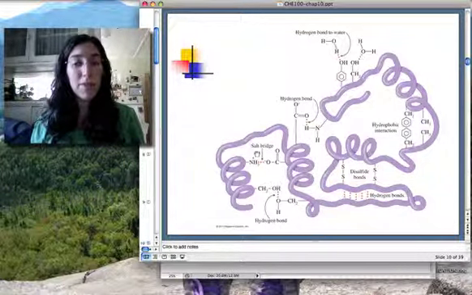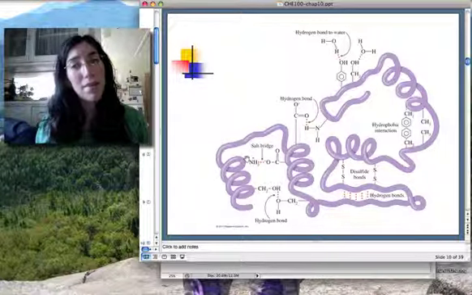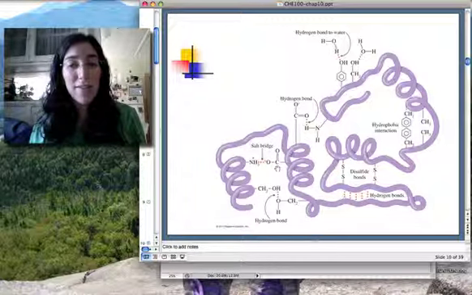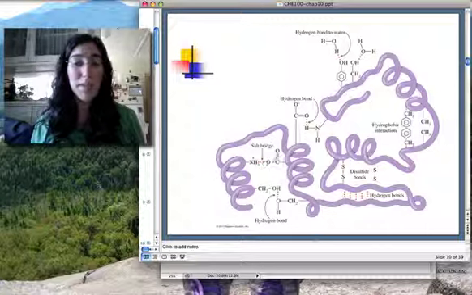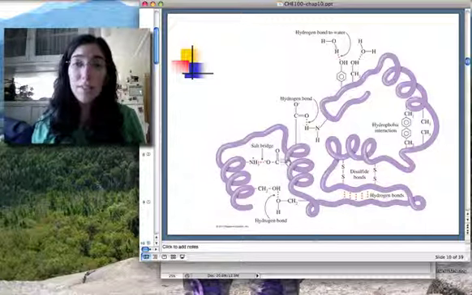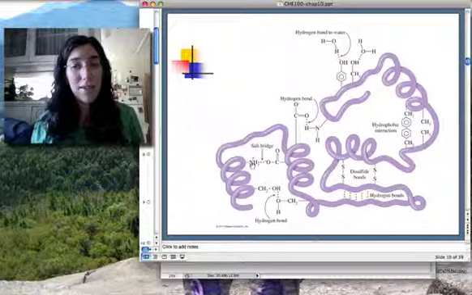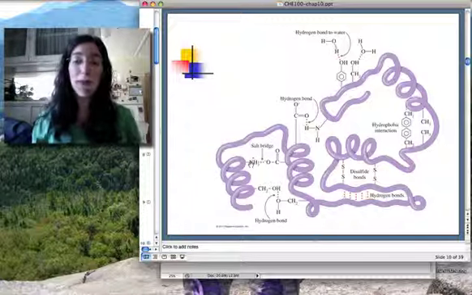We have salt bridges that can form between acidic and basic amino acids. So here's an acidic amino acid that has a carboxylic acid group in its side chain, a deprotonated carboxylate group, and a basic amino acid that has a protonated amine group in its side chain, NH3+.